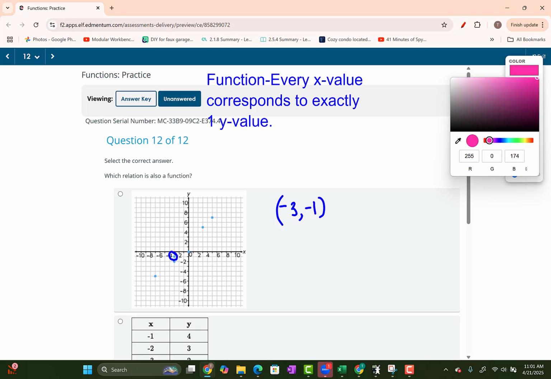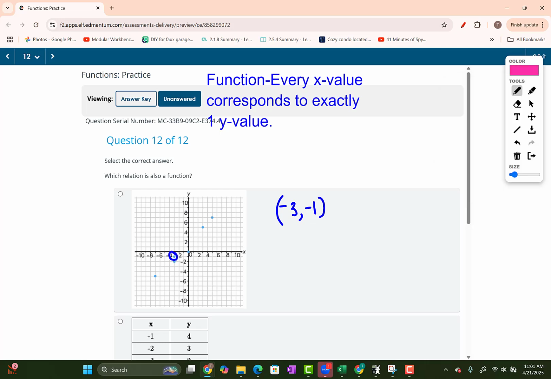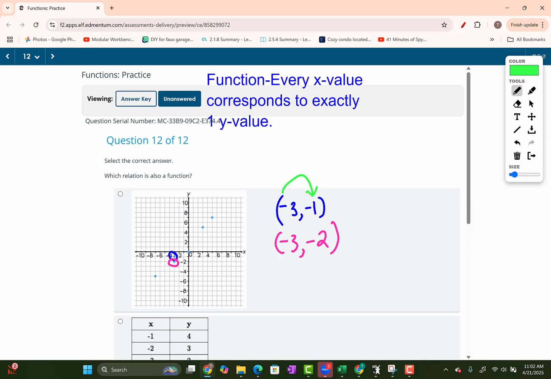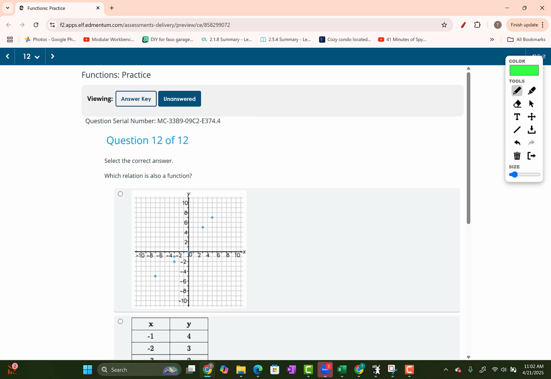And then the point directly below it is -3, -2. So this violates that definition because we have an x value here that's corresponding to 2 different y values. An x value of -3 is going to -1, and it's going to -2, which means this is not a function.